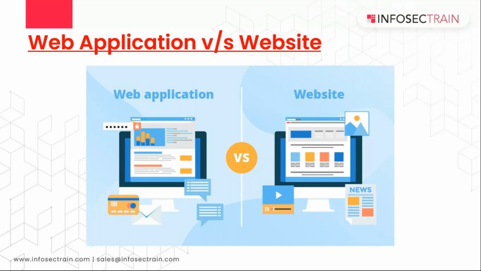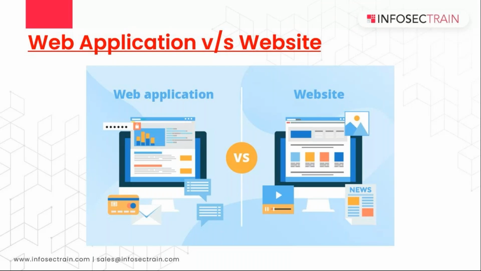On the basis of authentication, a website has very limited or no user accounts, and visitors are anonymous. On the other hand, web applications require user authentication for personalized experiences and access to specific features. There are some features that admin users can use, but guest users or normal users of the web application cannot.